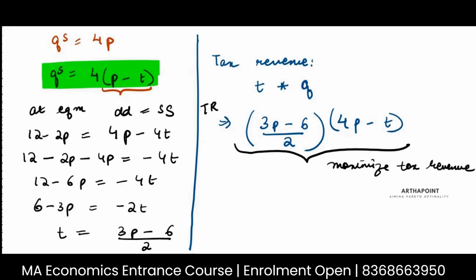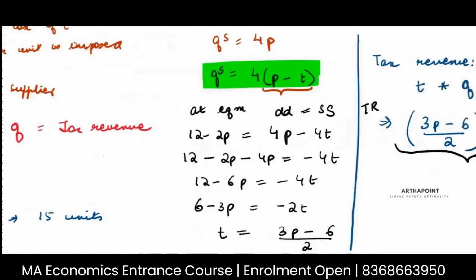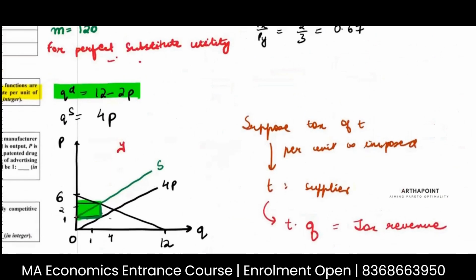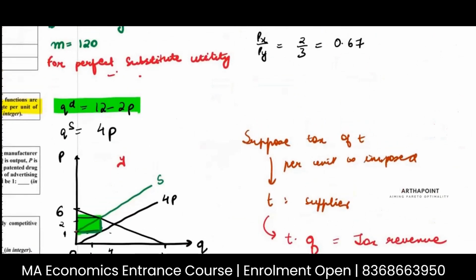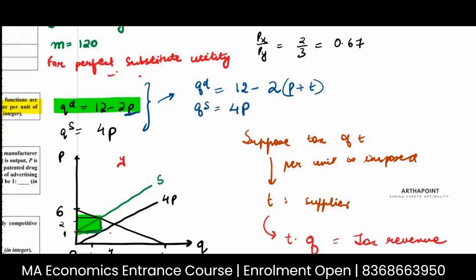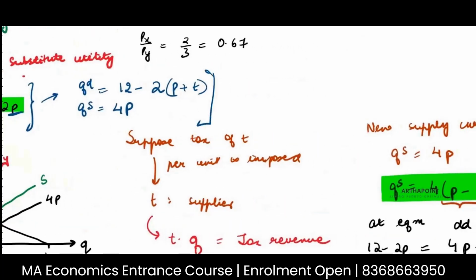Now, you could have done exactly the same thing with the other approach also. So as I just mentioned, instead of subtracting it from here, you could have found the equilibrium the other way. You could have said quantity demanded is equal to 12 minus 2, and instead of price here, you would have written P plus T. Quantity supplied would have been 4P. And then by solving this, you would have got 12 minus 2P minus 2T is equal to 4P.